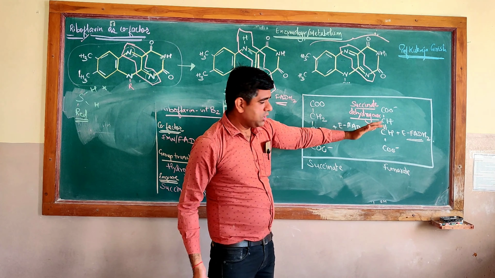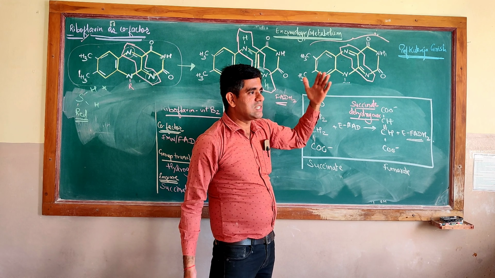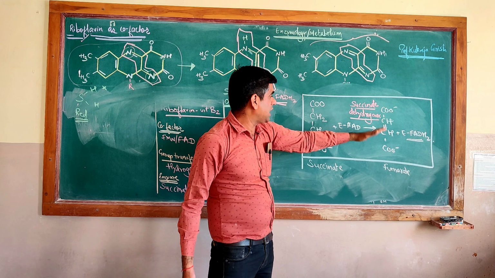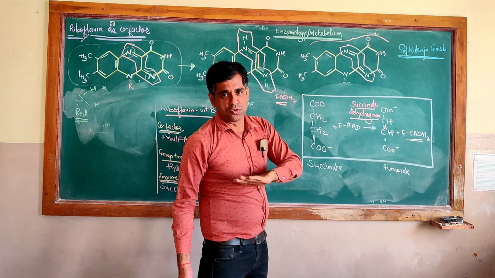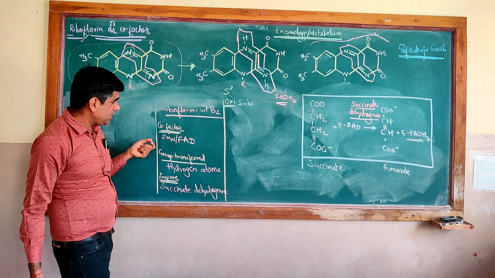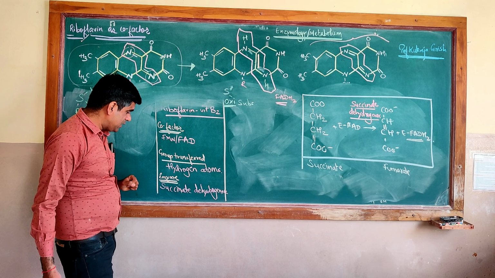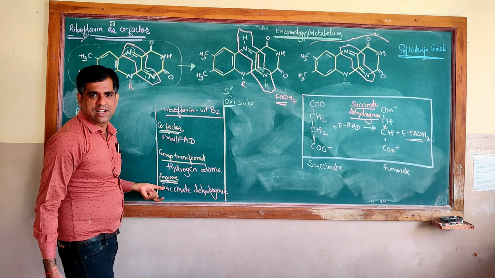This FADH2 can later give the electrons to electron carrier proteins in your ETC, and will be oxidized back to FAD, which can be used further. So: vitamin riboflavin, the cofactor FMN or FAD, the group transferred, hydrogen atoms, and the enzyme succinate dehydrogenase.